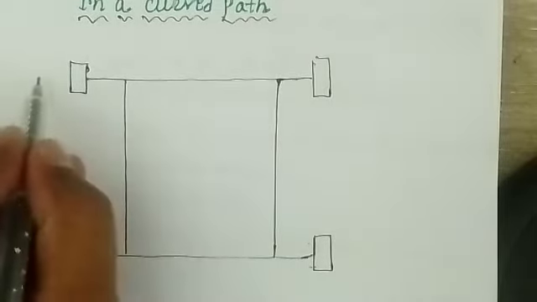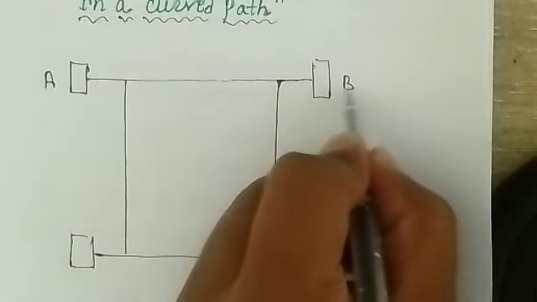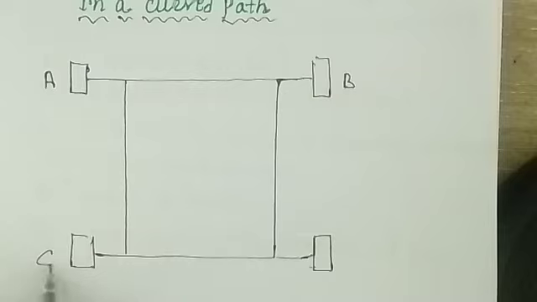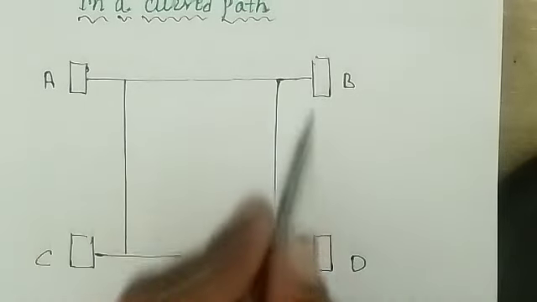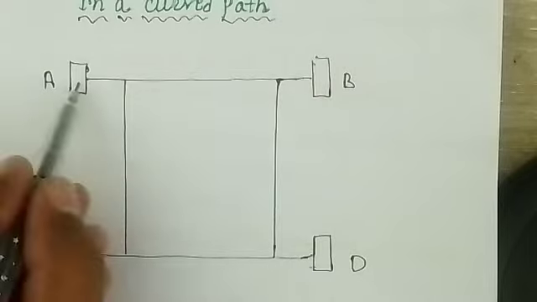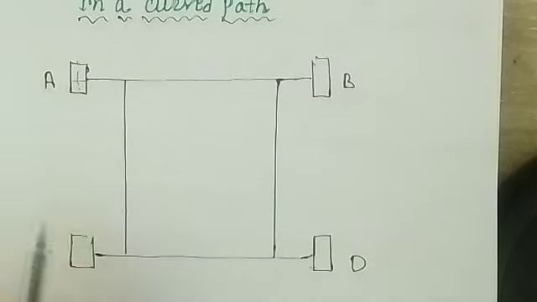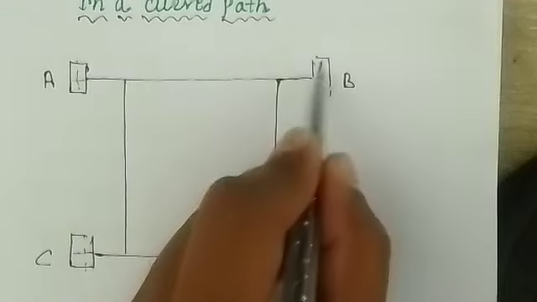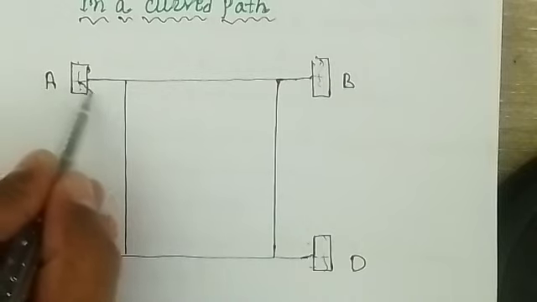Let's say this is A, this is B, this is C, and this is D, right? First of all, we have to consider that the center of gravity of this four-wheeler lies at the intersection point of the diagonals.